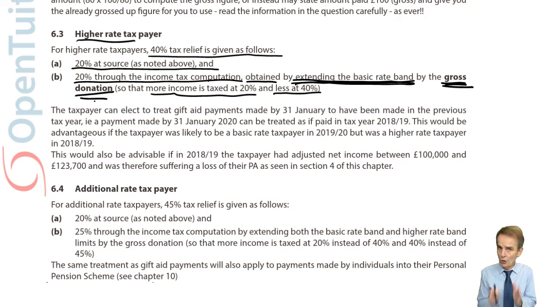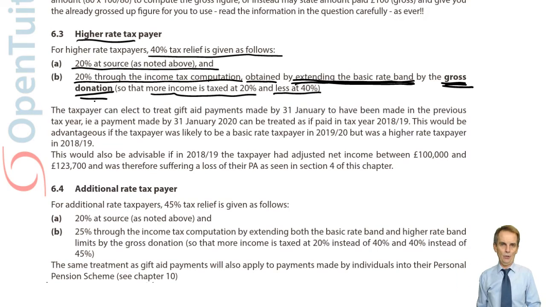All you have got to do is a very simple thing. You've got to identify in the question there is a gift aid payment or a personal pension contribution. What do we then have to do? Identify the gross amount of that. Have they given me the gross figure or have they given me the amount paid? In which case, I must gross up the amount paid times 100 over 80 to give me the gross figure.